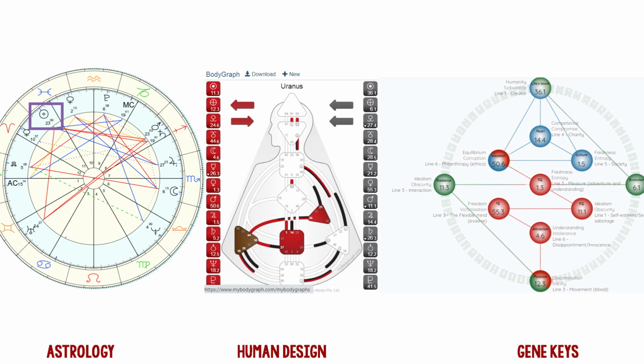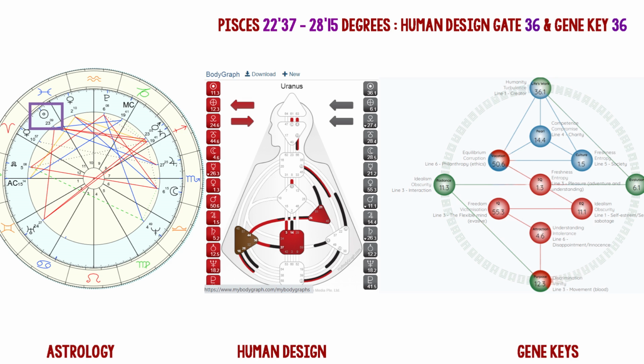This particular chart is one I generated for the date of the discovery of Uranus. You can see that the sun was at 23.09 degrees in Pisces. In human design and in the gene keys, anything in the range of Pisces from 22.37 degrees to 28.15 degrees is human design gate 36 and gene key 36.